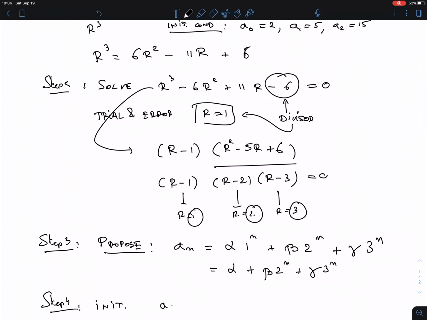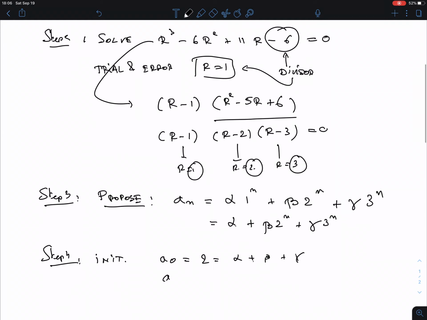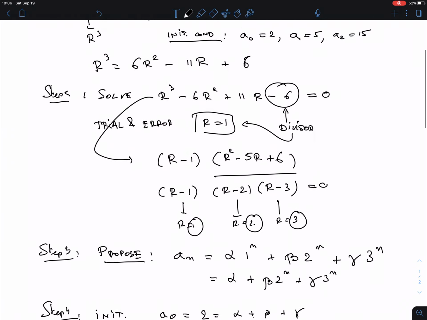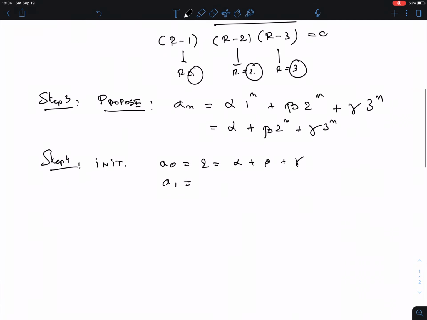So A0 is 2, and we know already, by putting n equal to 0, that this is just the sum of alpha, beta, and gamma. A1 is equal to 5, and so now I have power 1, so alpha plus 2 beta plus 3 gamma.